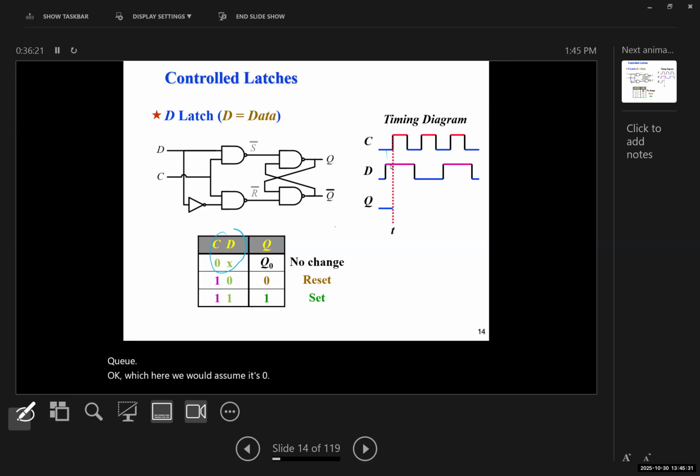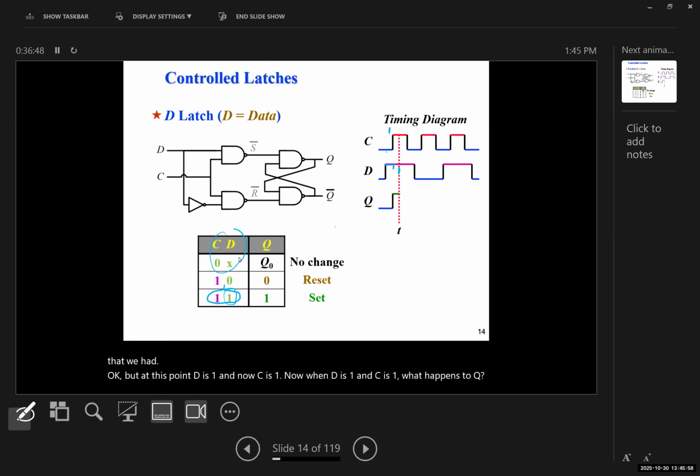And then suddenly D changes to 1. So D has changed to 1, but C is still 0. As long as C is 0, Q would not change, so Q would remain the initial value that we had. But at this point, D is 1, and now C is 1. Now, when D is 1 and C is 1, what happens to Q?